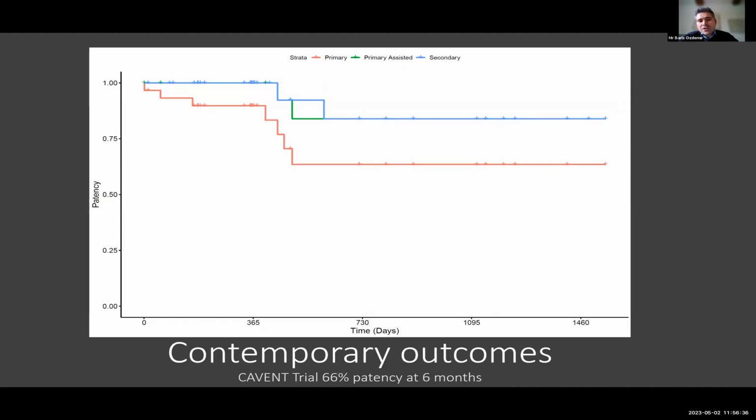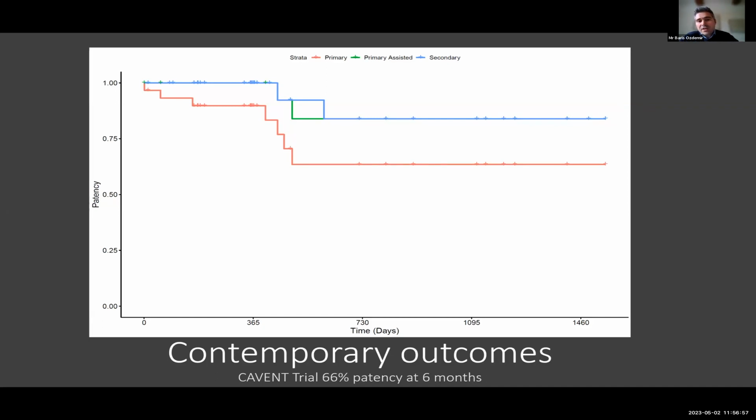And what I do want to emphasize on the slide is that even if there is a re-intervention, typically we can then maintain patency for a long period of time. That's because venous stents endothelialize. Once they endothelialize, typically they seem to be fairly resistant to thrombosis.